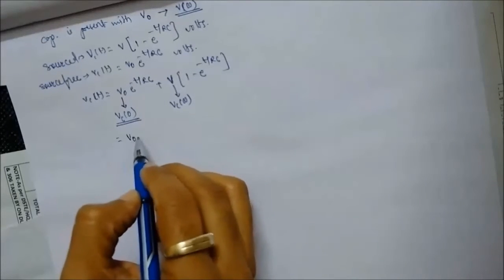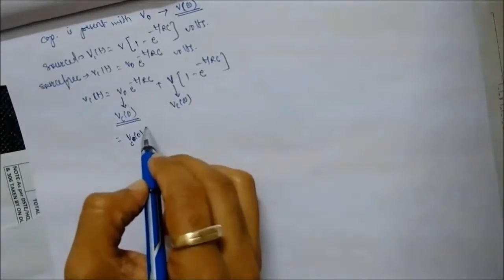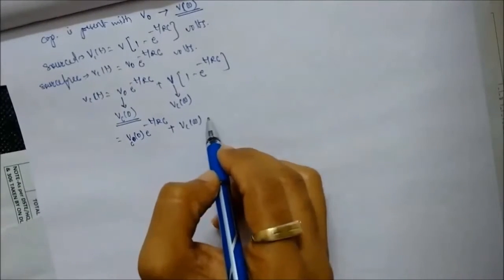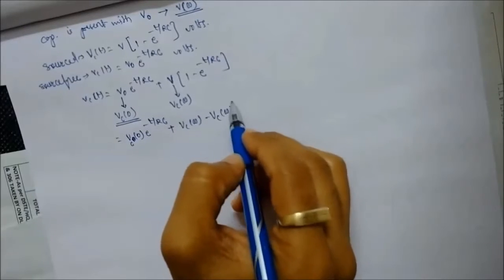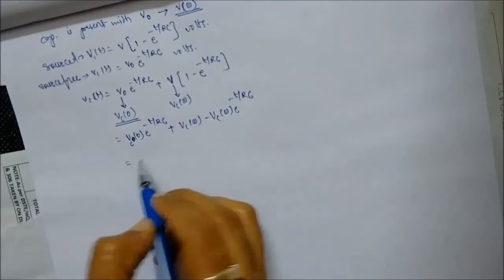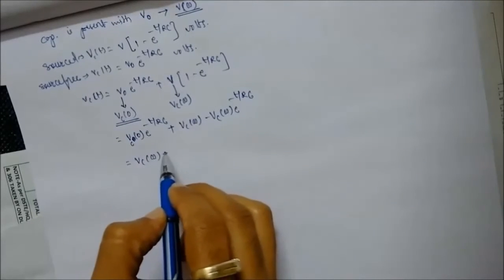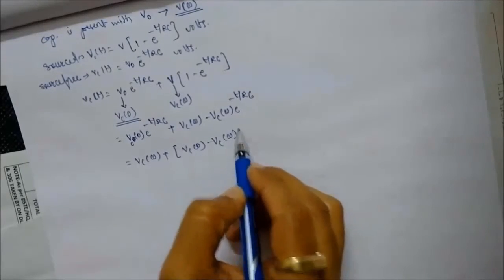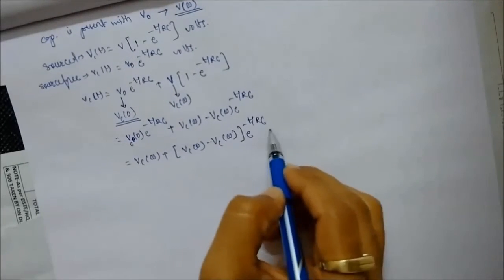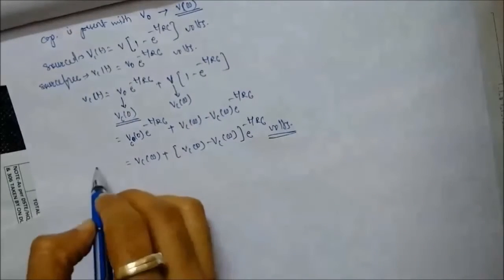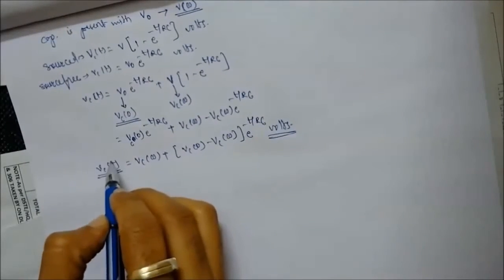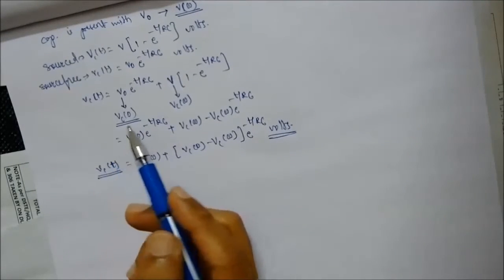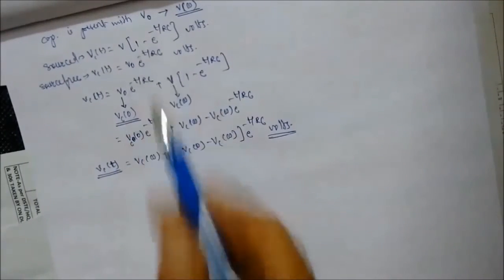So rearranging the terms, we get VC(0) e to the power minus t upon RC plus VC(infinity) minus VC(infinity) into e to the power minus t upon RC. Rearranging the same, we get VC(infinity) plus VC(0) minus VC(infinity) times e to the power minus t upon RC volts. Now this is the complete solution for VC(t) if the circuit consists of a capacitor with an initial condition as well as it reaches some final value, that is VC(infinity).